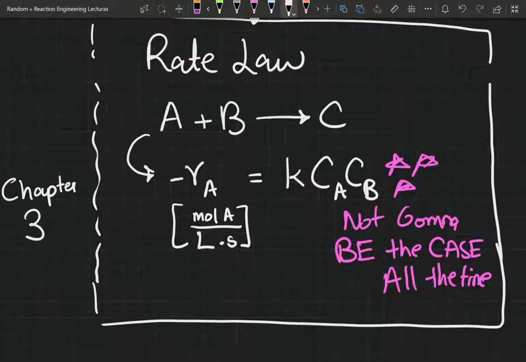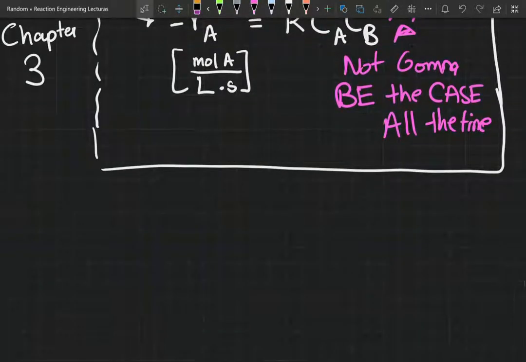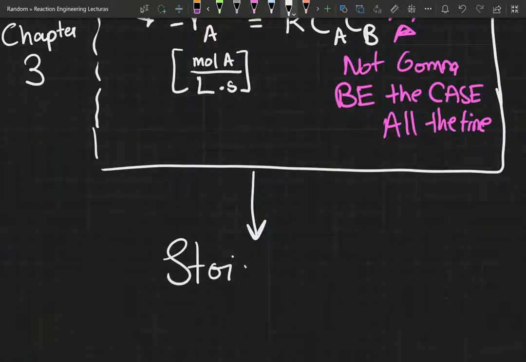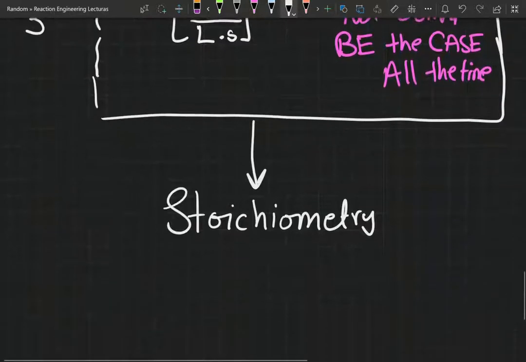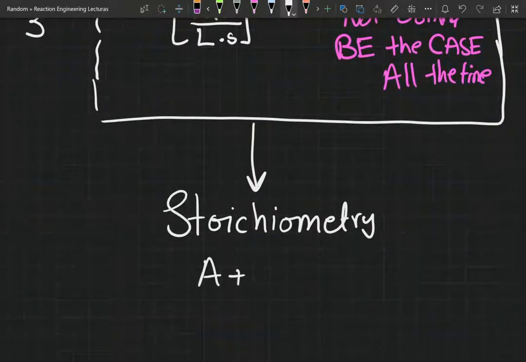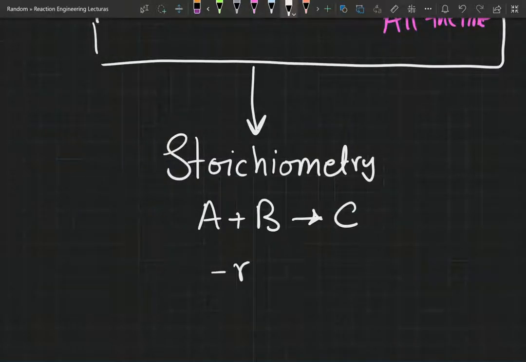Chapter 3. Okay, next up, you'll have to use stoichiometry. What do I mean by stoichiometry? Suppose you already know our A plus B goes to C reaction. You know that the rate at which A is disappearing is going to be equal to the rate at which B is disappearing, and that is equal to the rate at which C is appearing.